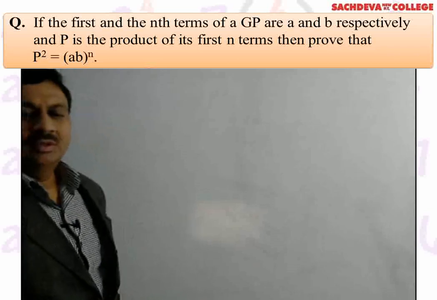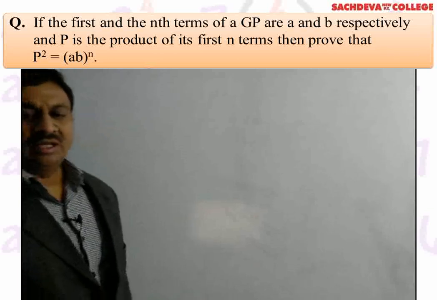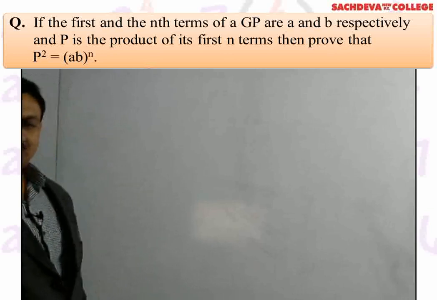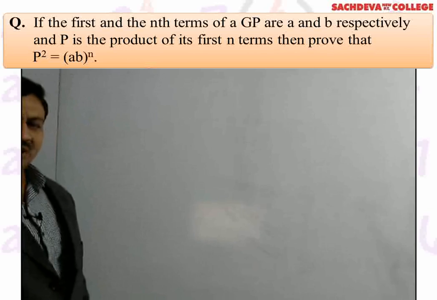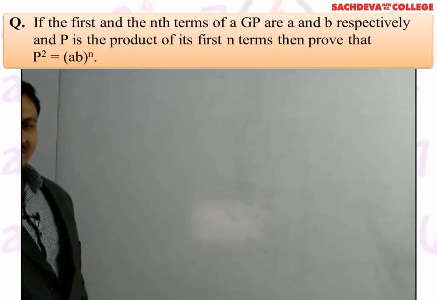If the first and the nth term of a GP are A and B respectively, and P is the product of the first n terms, then prove that P squared is equal to (AB) to the power n.